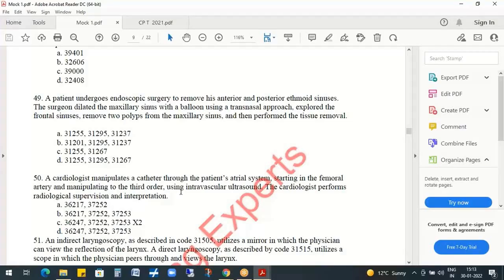Total 3. First order, second order, third order. Understood what I am saying? That's why the answer is first non-coronary artery 252, 253, 2 times.